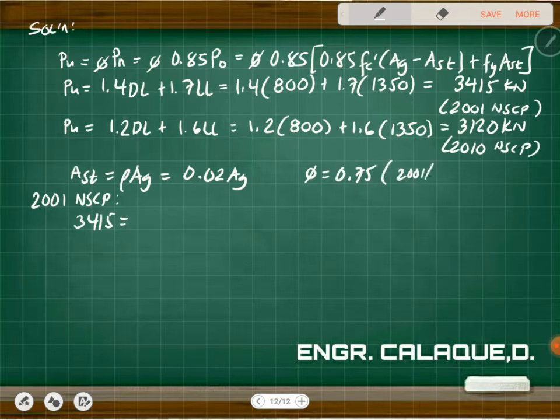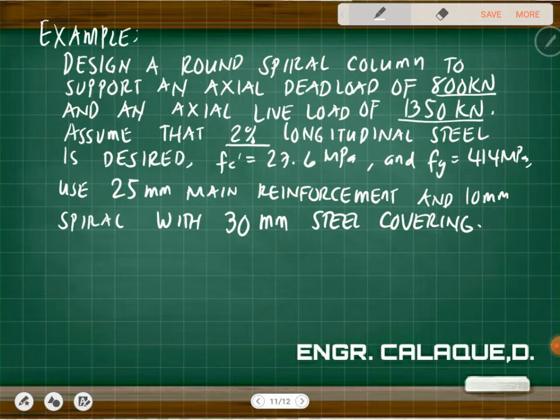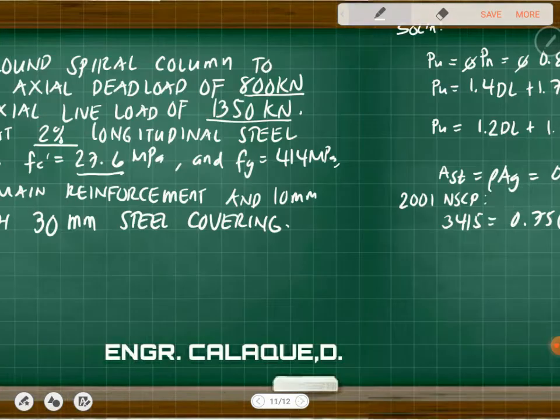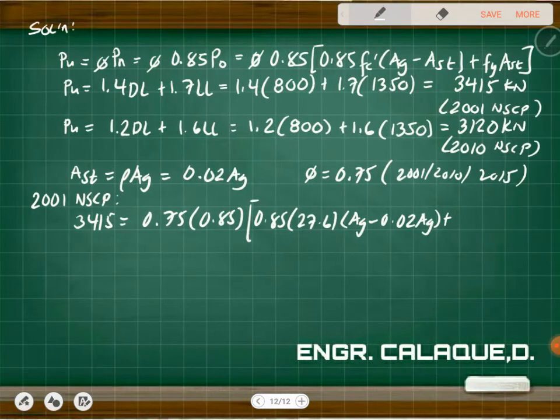So, 2001, 2010, or 2015, the same value. So, we have 0.75 times 0.85 times 0.85 nung f'c, 27.6. So, 27.6 times area gross minus 0.02 nung area gross plus yung fy na 414. So, we have 414 times yung Ast na 0.02 area gross. So, thus, we have area gross.